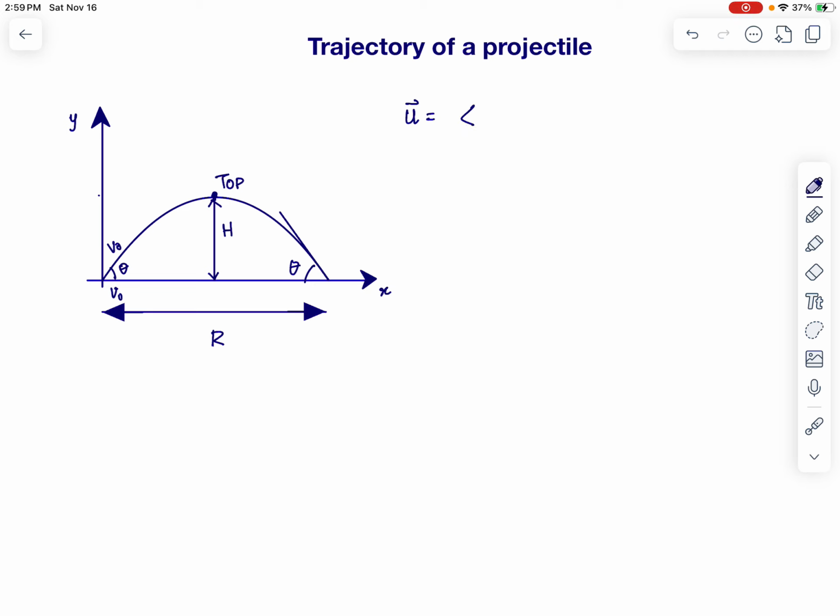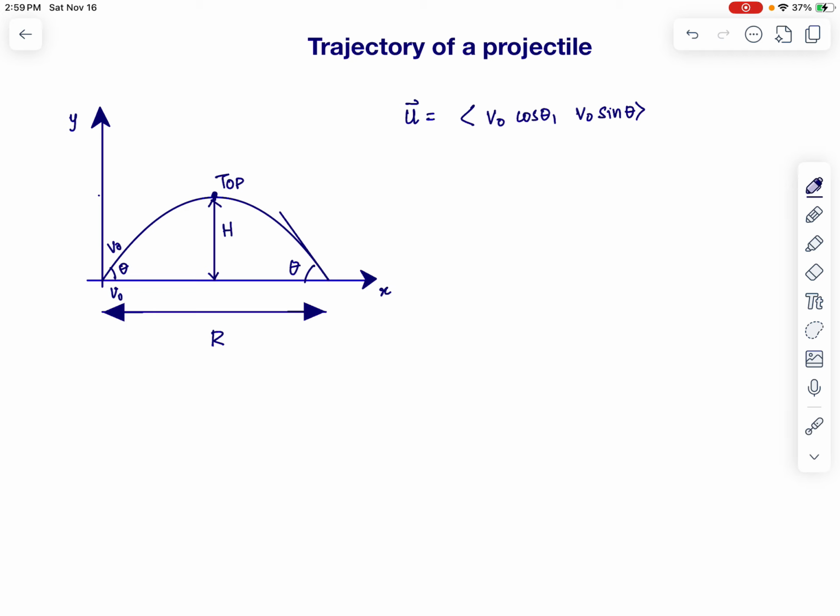The x coordinate is v0 cosine theta and the y coordinate is v0 sine theta, okay, and that tells us what the vectorial representation is. This is the x coordinate of the velocity and this is the y coordinate of the velocity.